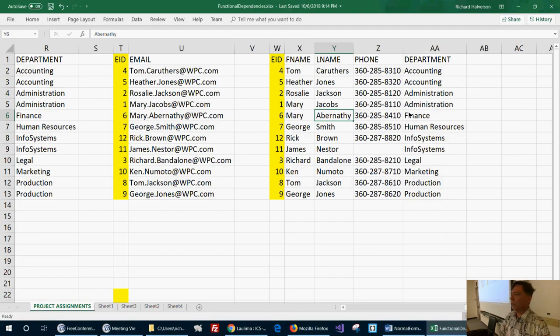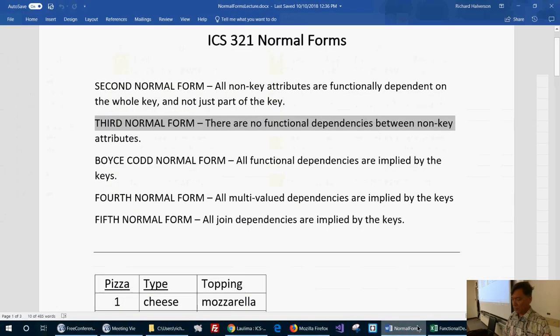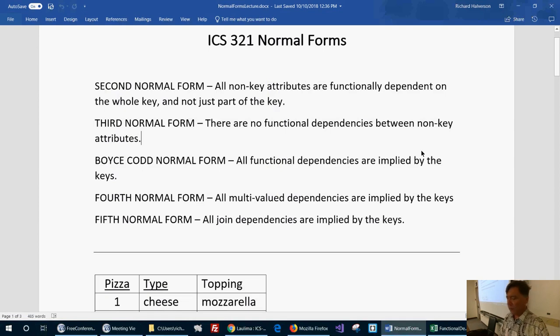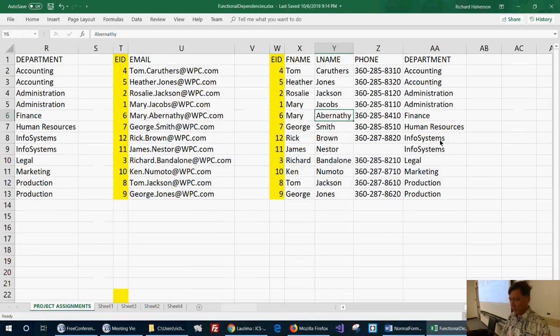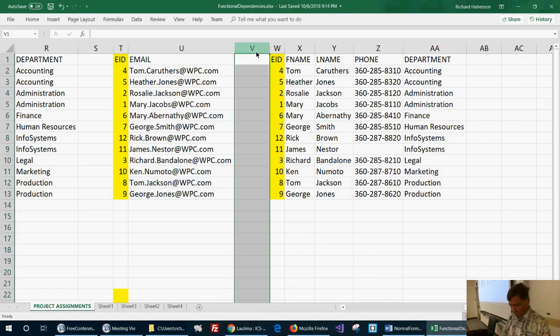And it's in BCNF because all functional dependencies are implied by the keys. Okay, so we could in fact have done this.